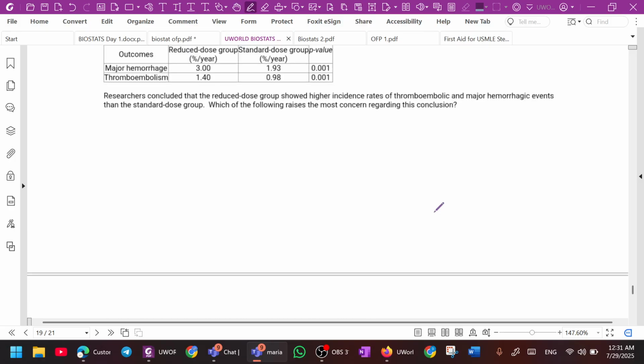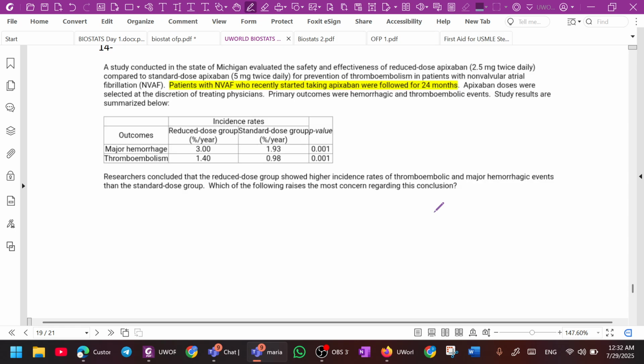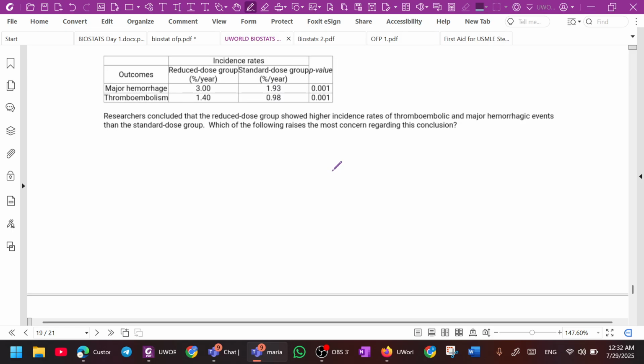They give direct oral anticoagulant in a low dose and a high dose, and they try to find out what the outcome is, what complication is happening, like major hemorrhage or thromboembolism. These are complications that can happen due to use of direct oral anticoagulant, and they are trying to find what is the most concerning factor.